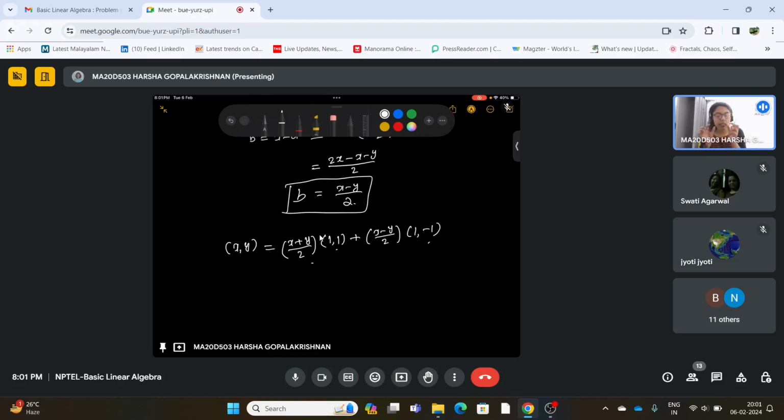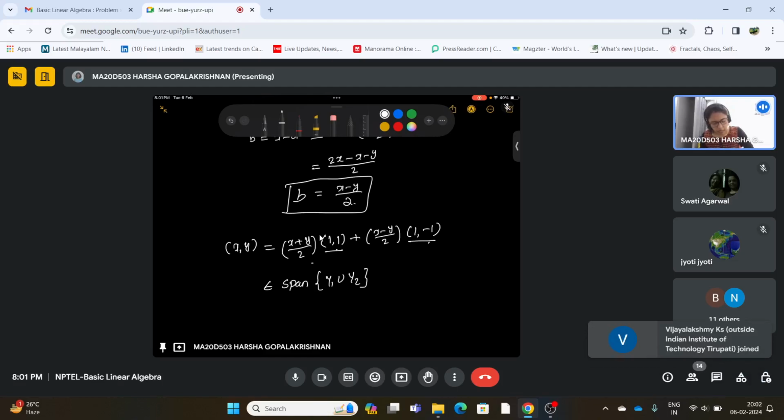So any element (x, y) in R2, I can write in this form. But this belongs to the span of y1 union y2, correct? Because (1, 1) and (1, -1) belong to y1 union y2, so this linear combination belongs to the span. So any element in R2 belongs to the span of y1 union y2.